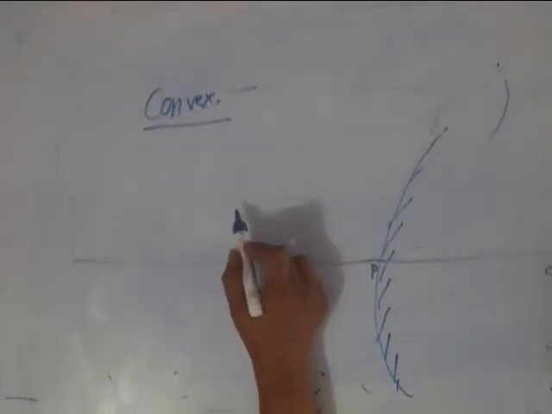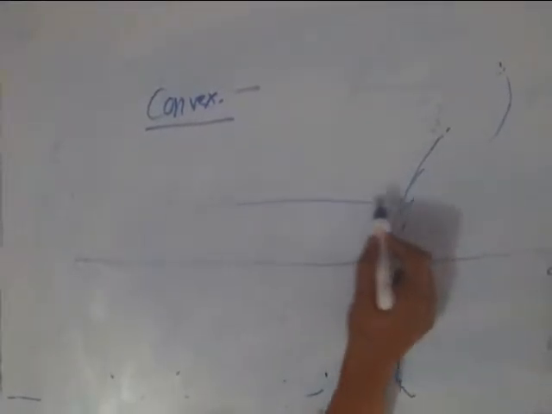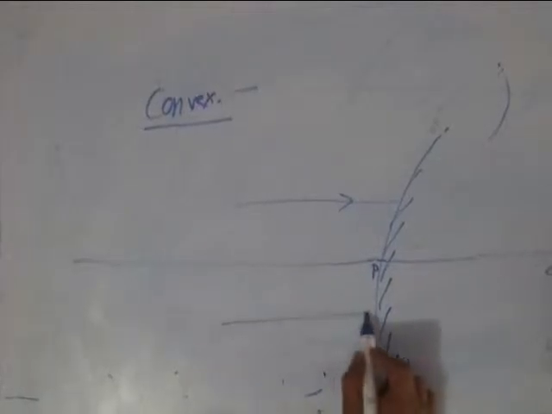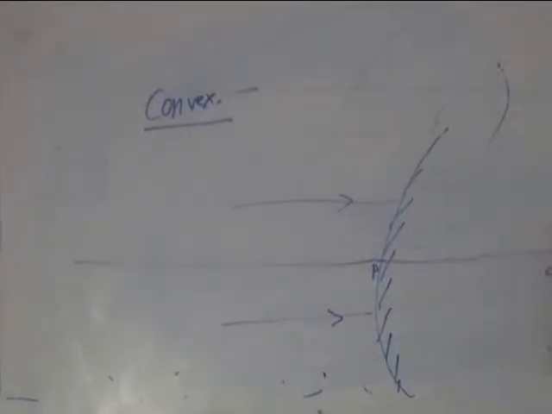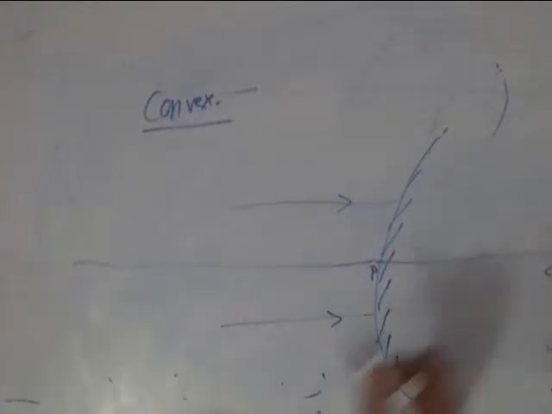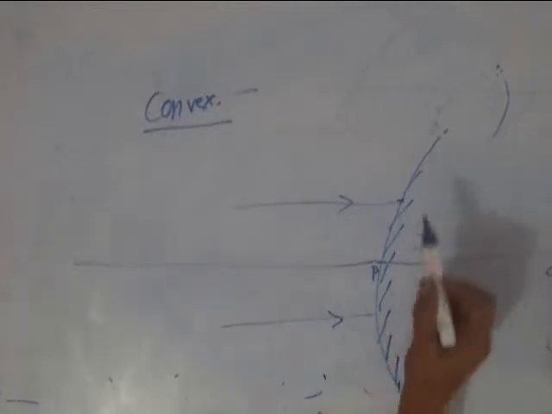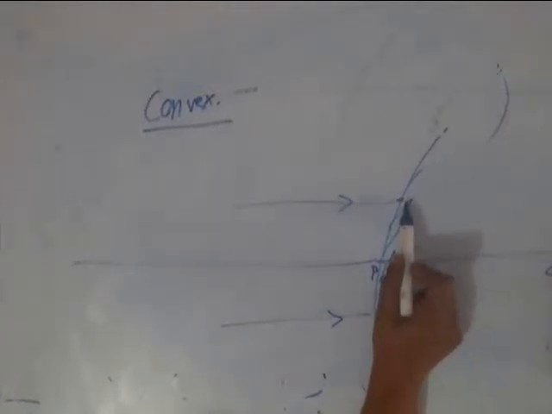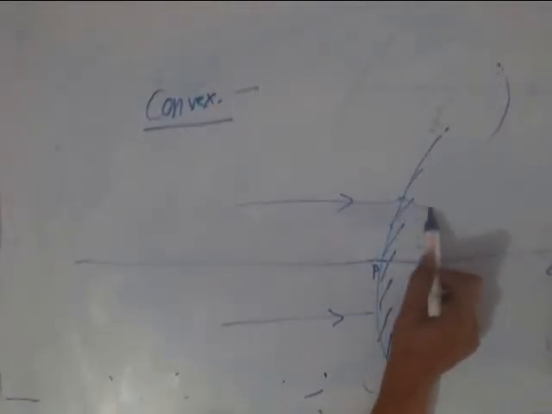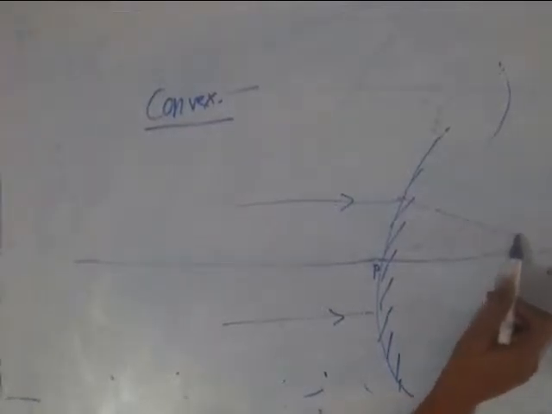Now let the rays of the sun come parallel to the principal axis. I have to draw a ray diagram. I have to draw the normal at the point of incidence. So at this point, to draw the normal, I have to join it with the center of curvature.